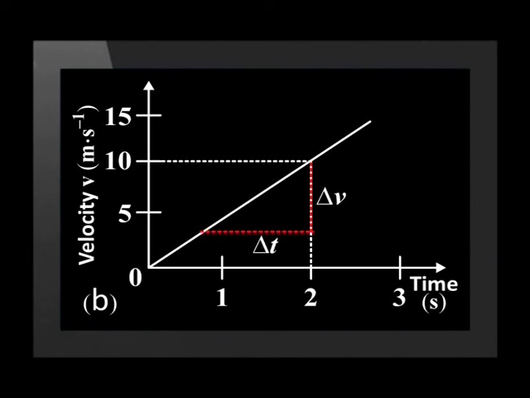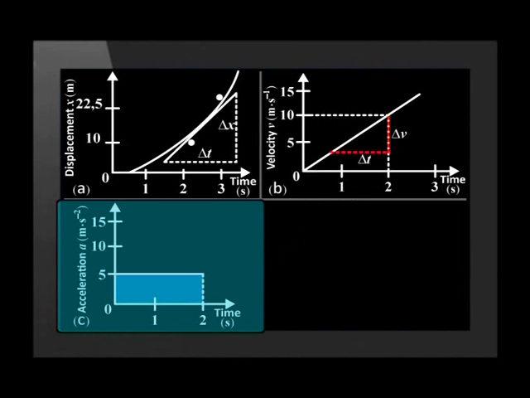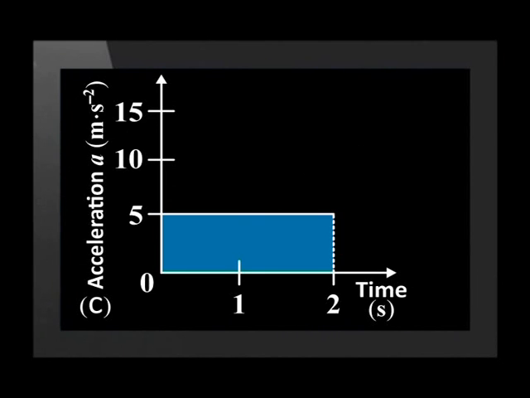We use the area under the graph to calculate the displacement at a specific point in time, and the gradient of the graph to calculate the acceleration. Finally, the acceleration time graph for constant acceleration is a straight line horizontal to the x-axis. The area under the graph can be used to calculate the velocity of the object at a certain time.